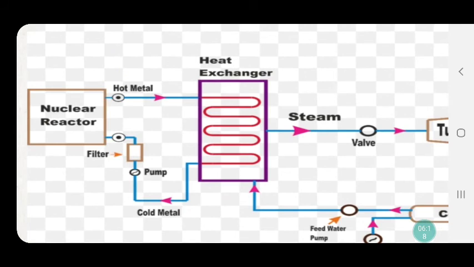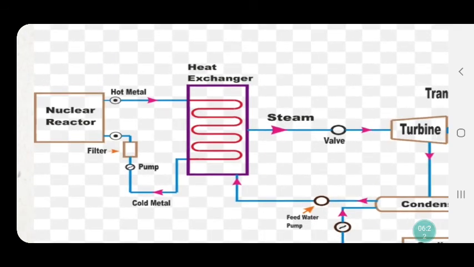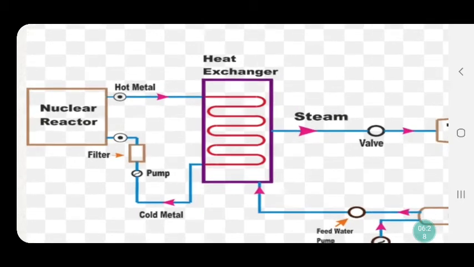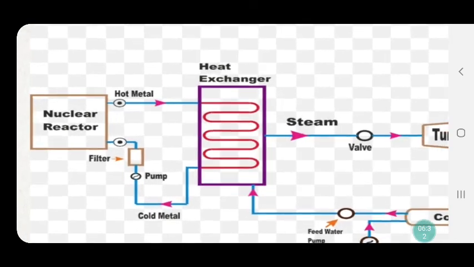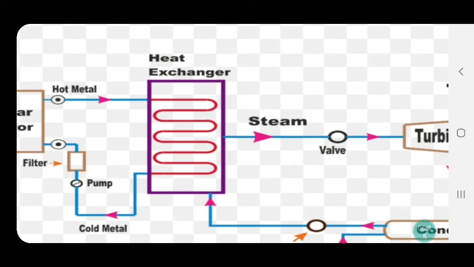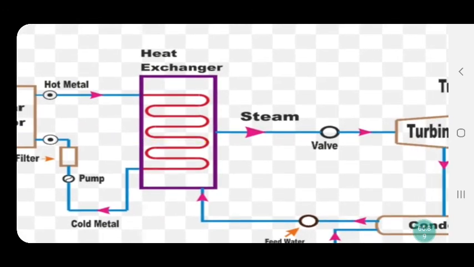In short, I will explain once again. In this nuclear reactor we generate heat by the fission process of uranium. That heat is passed through the heat exchanger, which consists of water.